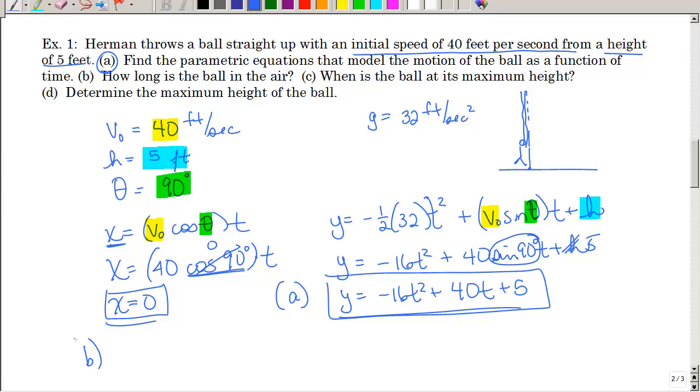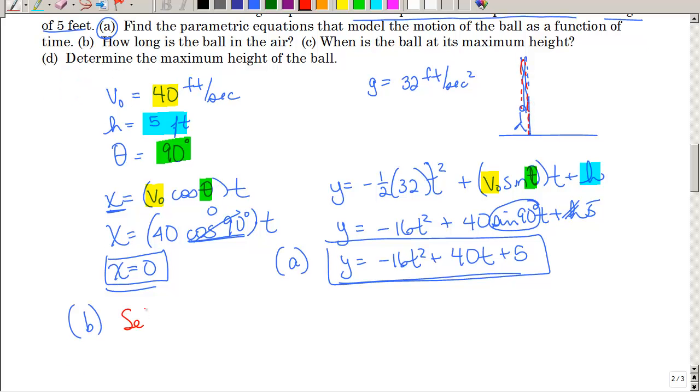Now part B, how long is the ball in the air? Not the maximum height, not when it reaches the maximum, but how long did it go up and down? How can you figure that out? You can set y equal to 0 and solve for t, because y is 0 when it hits the ground. t will tell us how long it traveled.